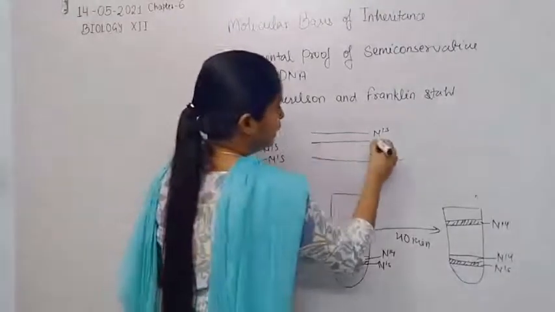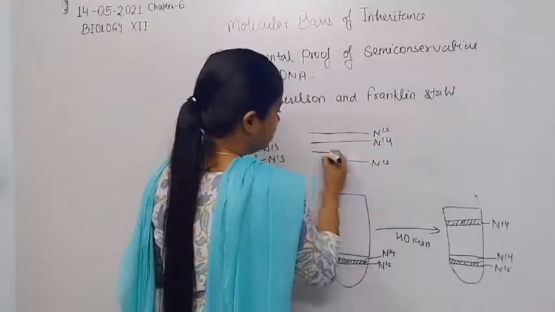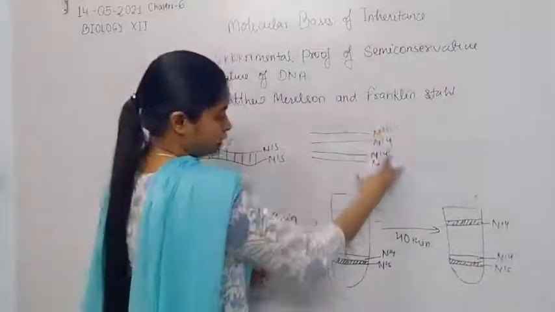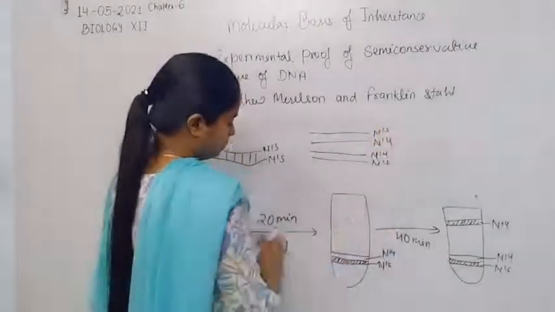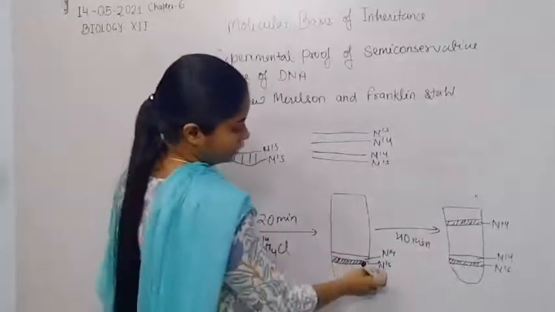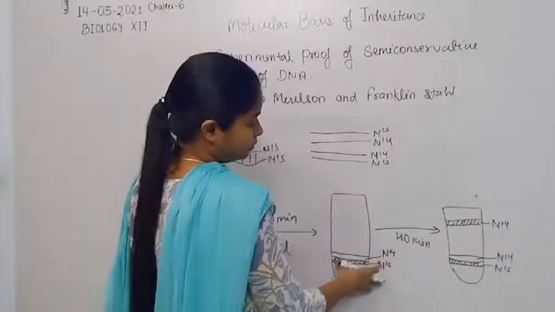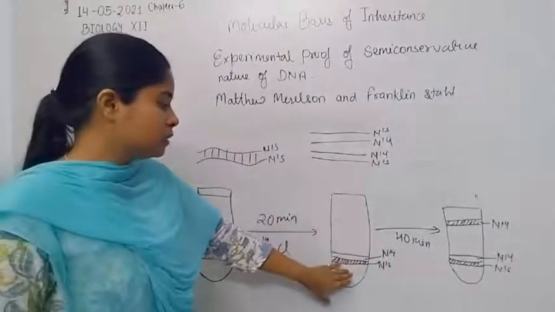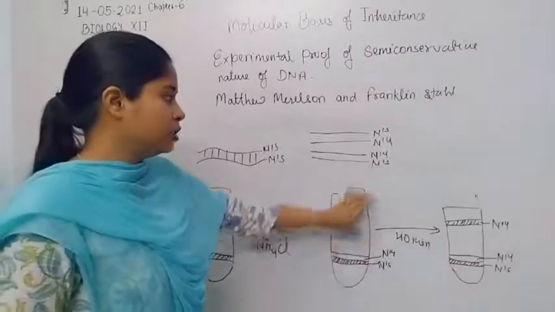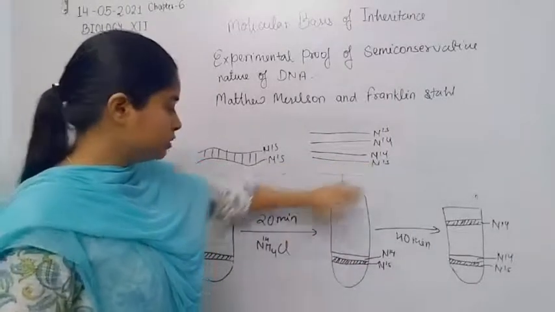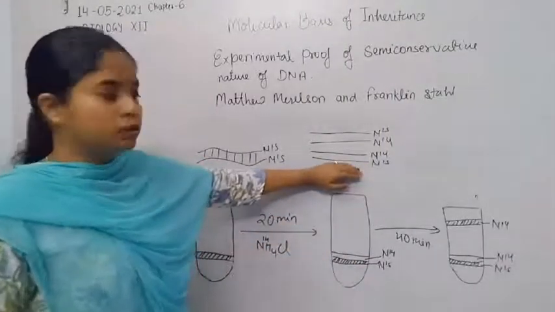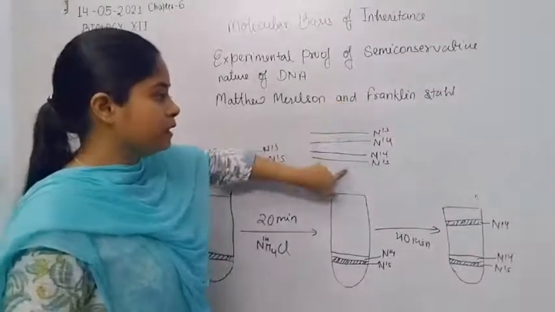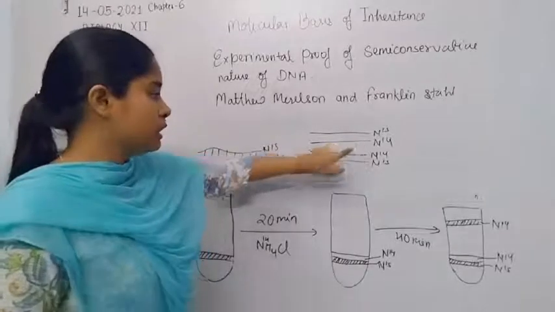So the new DNA has N14. That's why, after 20 minutes, the bands formed inside the test tube are hybrid in nature, because one strand is parental and the second strand is newly synthesized.